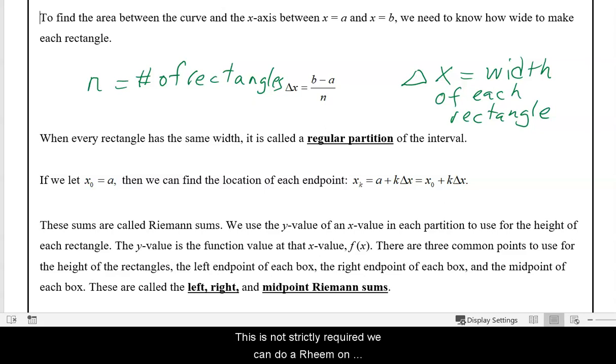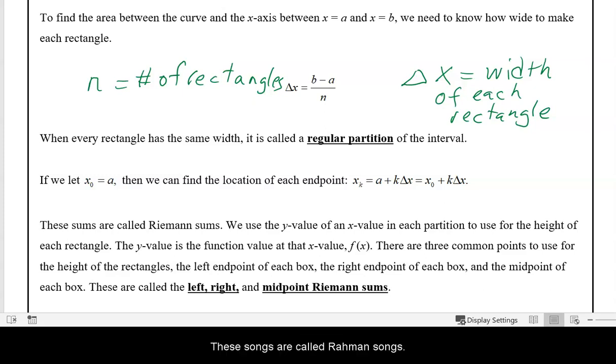This is not strictly required. We can do a Riemann sum where they all have different widths. If we let x sub 0 represent the left point of the interval where we're trying to find the area, a, then we can locate each endpoint of all the boxes by adding on to each of those values another delta x. Delta x will move us from one endpoint to another endpoint and all the way across.